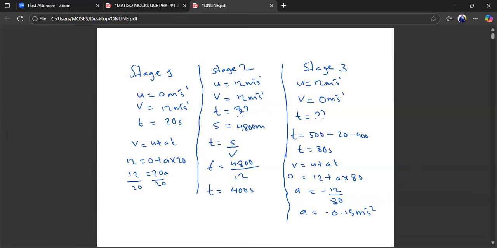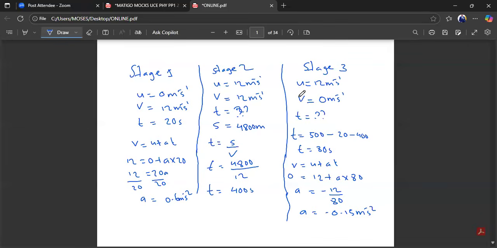Divide by 20, and a is equal to 12 divided by 20, which gives me 0.6 meters per second squared. That is our analysis before even coming up with our velocity time graph.